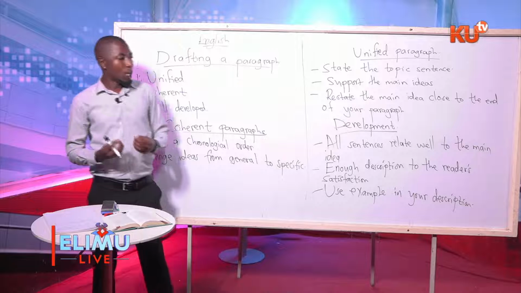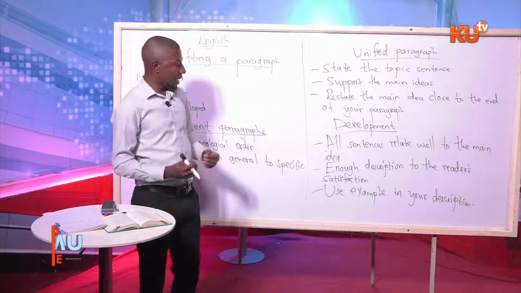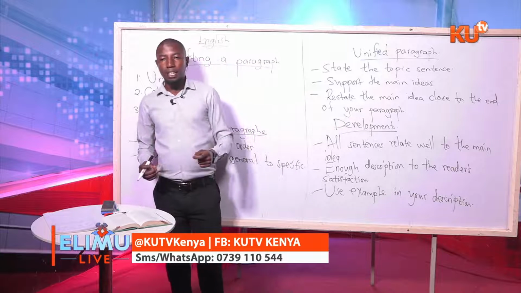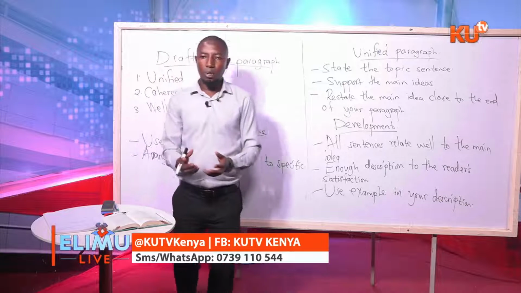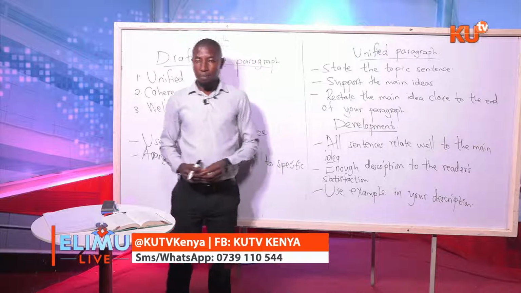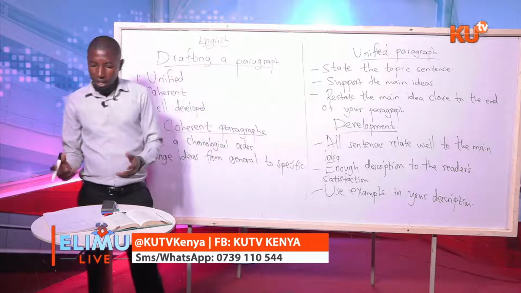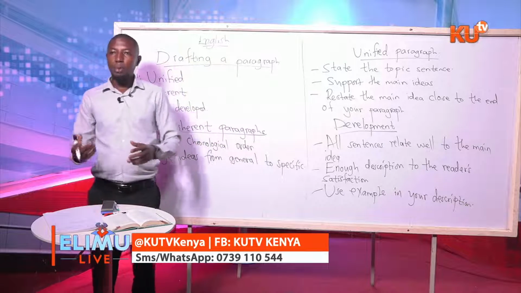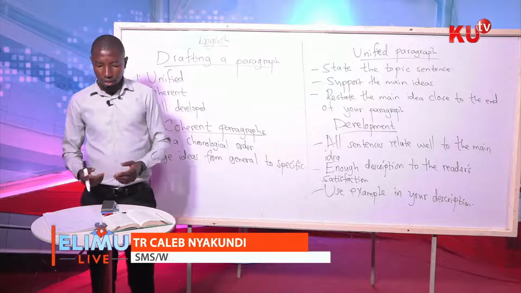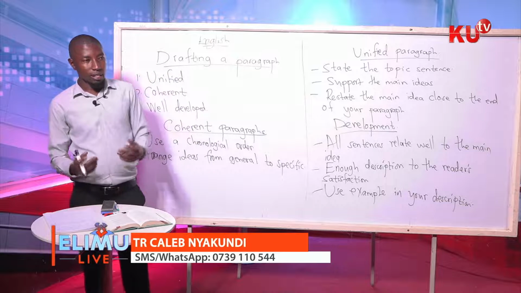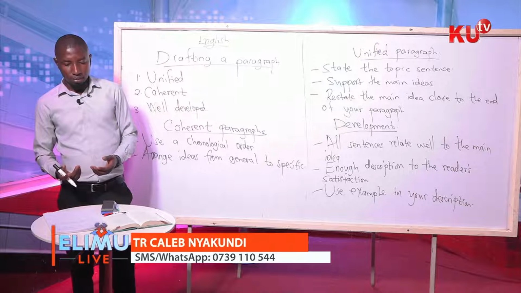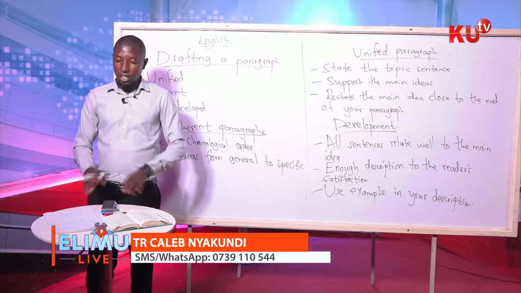So, using examples in your description. The paragraph that I just read to you, that the ridges were like many sleeping lions. It is an example, but it's actually a metaphor. So, metaphor is still an example. The writer wants the reader to relate well to how those two ridges look, and wants to create a mental picture of the two ridges by use of metaphor.